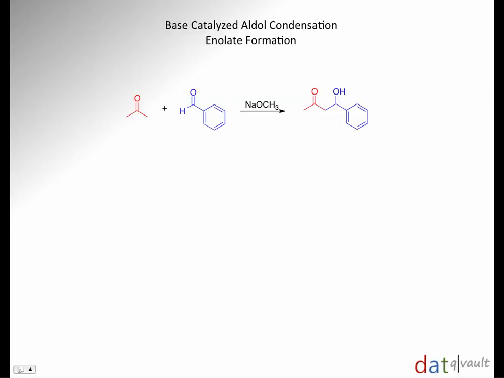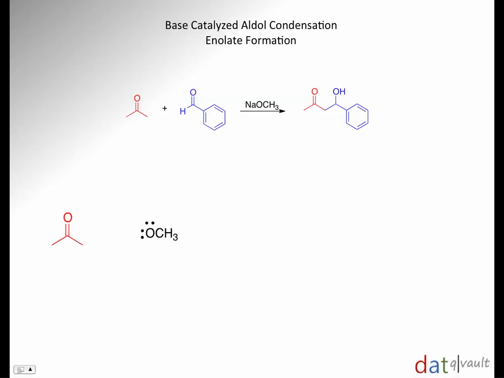So the aldol condensation can be done either under acidic or basic conditions. We'll go over the mechanism first of the aldol condensation under basic conditions. The first thing that happens is the base will deprotonate one of the carbonyl compounds. You'll know which carbonyl will be deprotonated because it'll be the one with the most acidic proton.